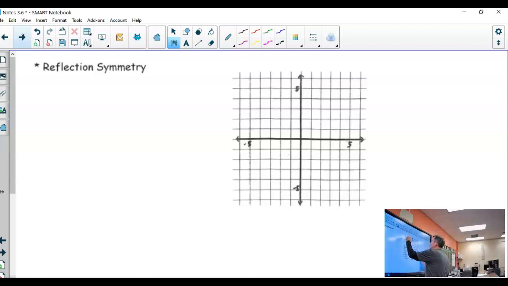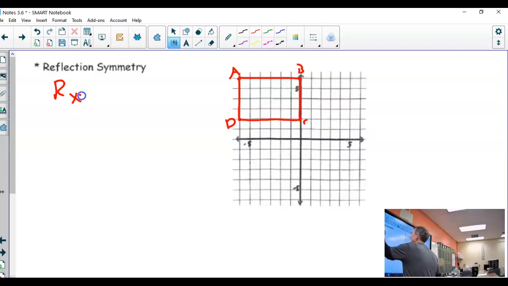So I am going to take a rectangle, this rectangle, and I'm going to call it rectangle ABCD. I'm going to reflect this rectangle across the line x equals -3.